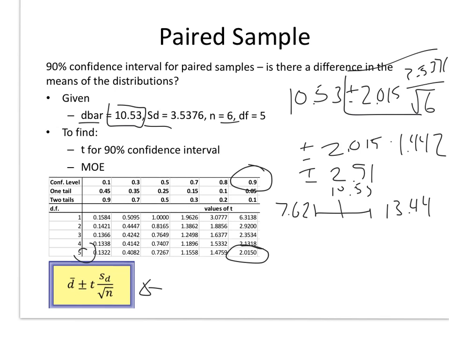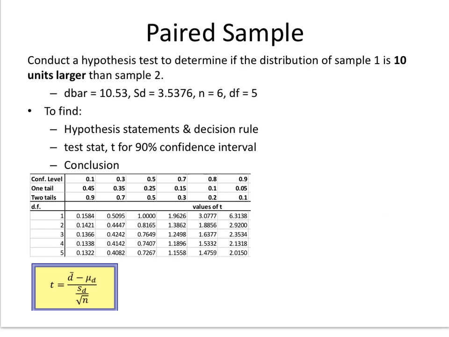All right, so from there we can ask, what's the next part of our equation here? I want you to remember a couple of things as we go forward. Remember this result, our upper and lower limit, in particular our lower limit. And we'll come back to this 1.442. So when we look at the next part of the hypothesis test portion of the question, on our paired sample, we're told to conduct a hypothesis test to determine if the distribution of sample 1 is 10 units larger than sample 2.